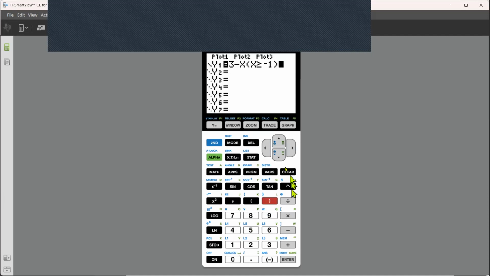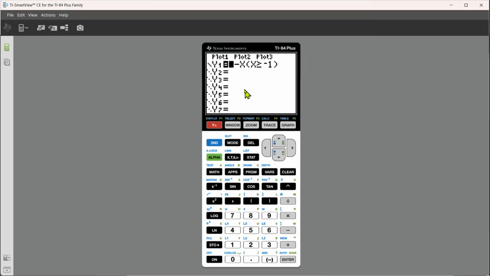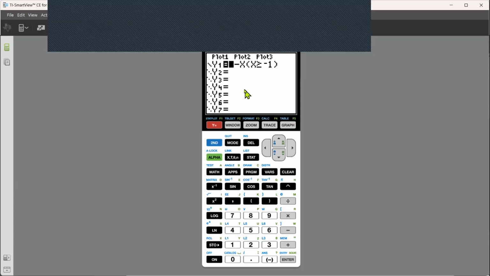Now graph that. What they've given you is 3 minus x, graphed as x greater than -1. You see that? Now, the other part of this is x cubed.